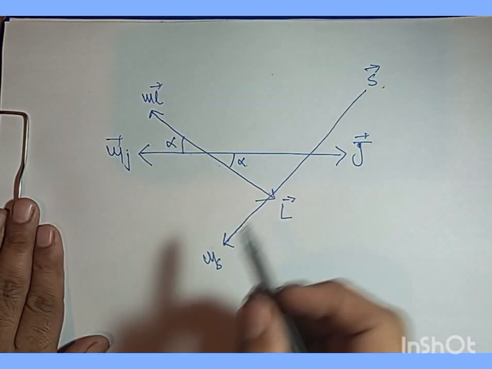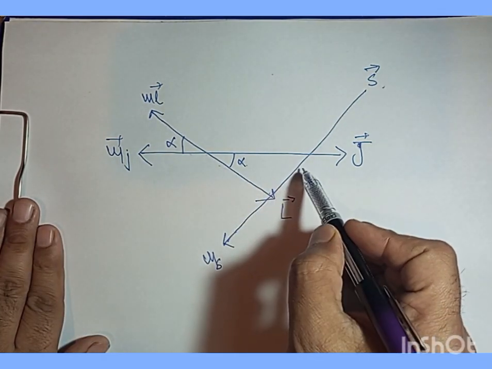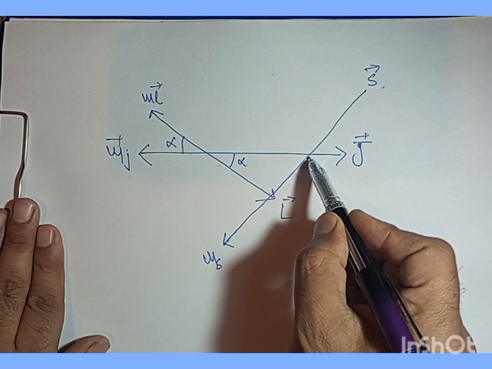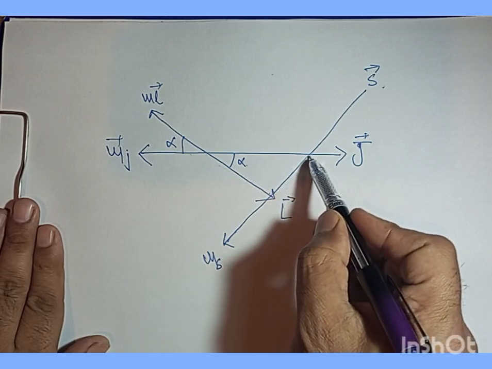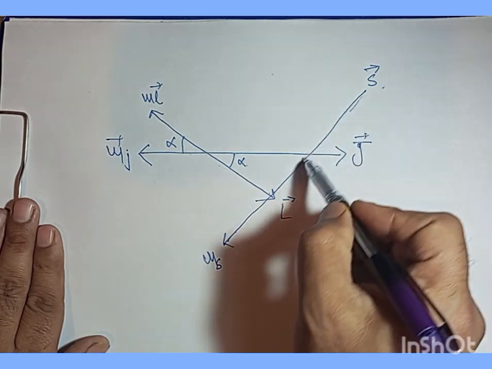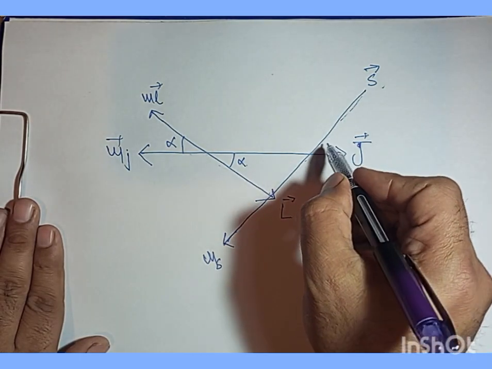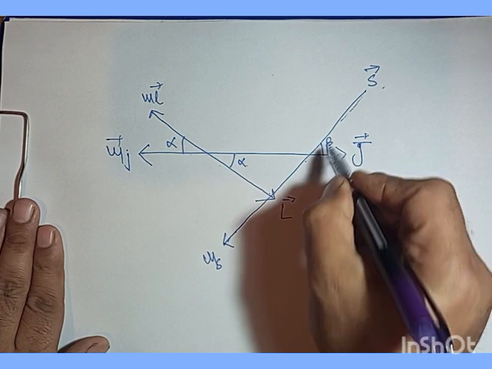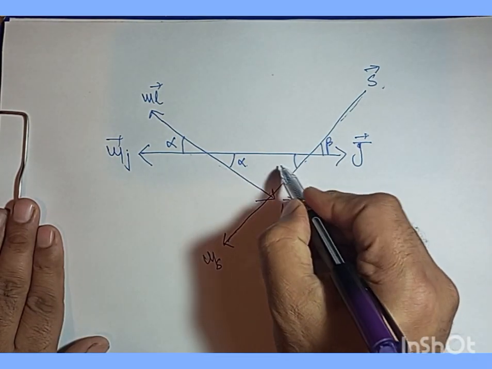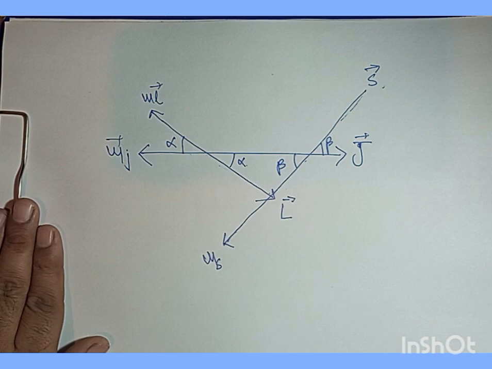At the same time, I will choose this angle. This is the angle between spin angular momentum and total angular momentum, and this angle is beta. I'll choose this as beta. Then this angle will also be beta. All right.